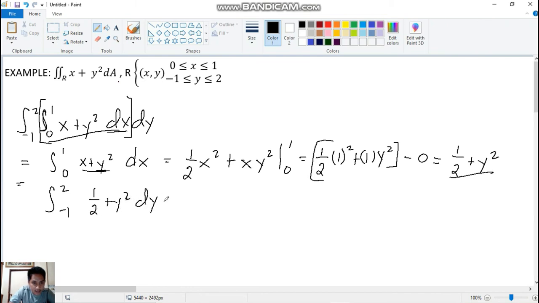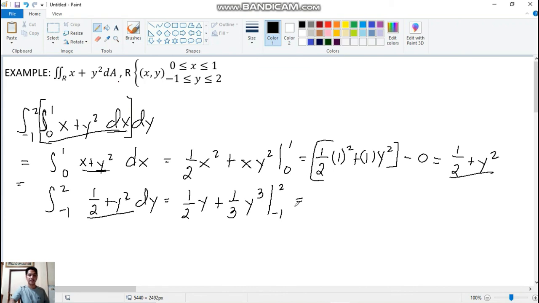Then we get the antiderivative of this in terms of y. What is the antiderivative of 1/2 in terms of y? It becomes 1/2 y, plus, for y squared, 1/3 y cubed. What are the limits of y? We have 2 and negative 1.